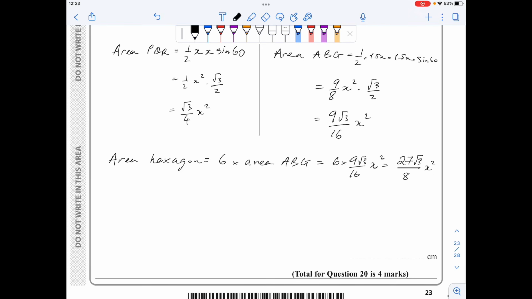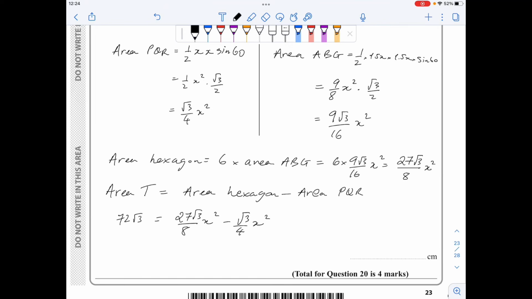Hence the area of T, which is the shaded area, is equal to the area of the hexagon minus the area of the small blue triangle, that's PQR. So 72 square root of 3, which is given, equals 27 square root of 3 over 8 x squared minus square root of 3 over 4 x squared.